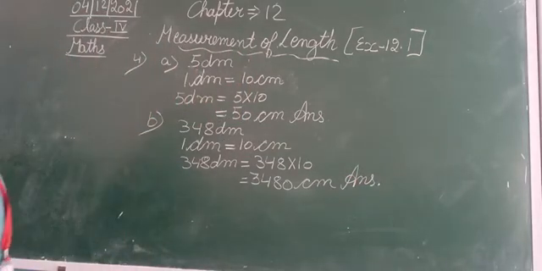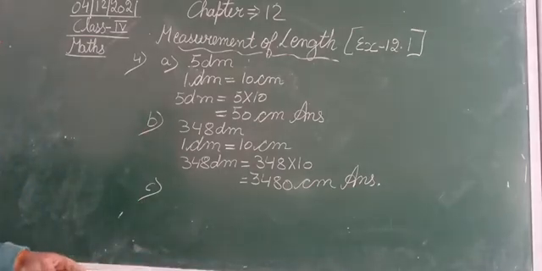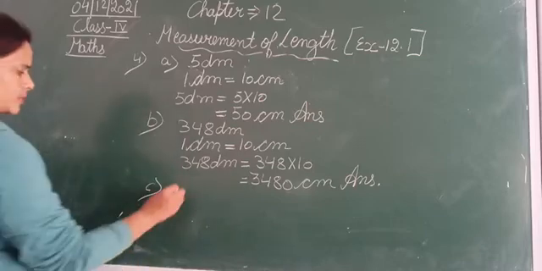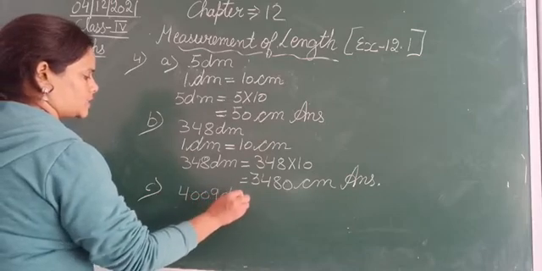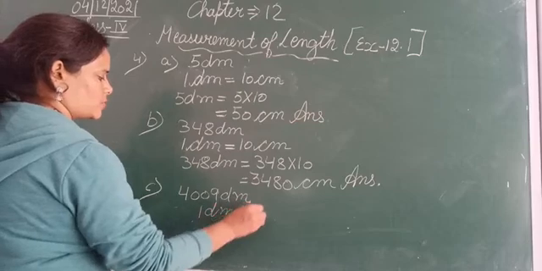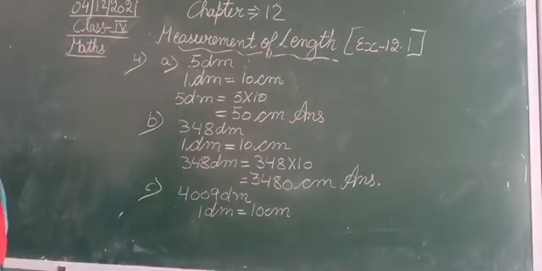Moving next to the C part of question number 4. This is 4009 decimeter. So 1 decimeter is equal to 10 centimeter.